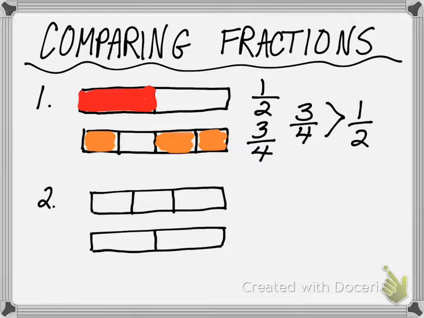And the second one we're going to divide in half. All right, I would like you to color 2 of the sections in the first one and 1 of the sections in the second one. And I want you to write your fractions beside. So pause the video until you've completed that.